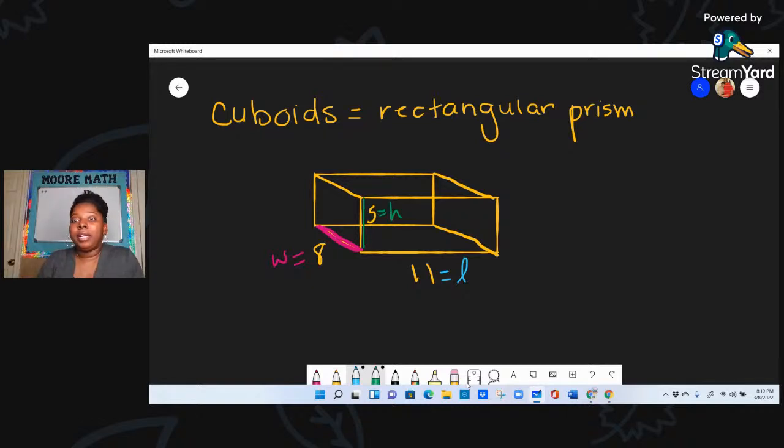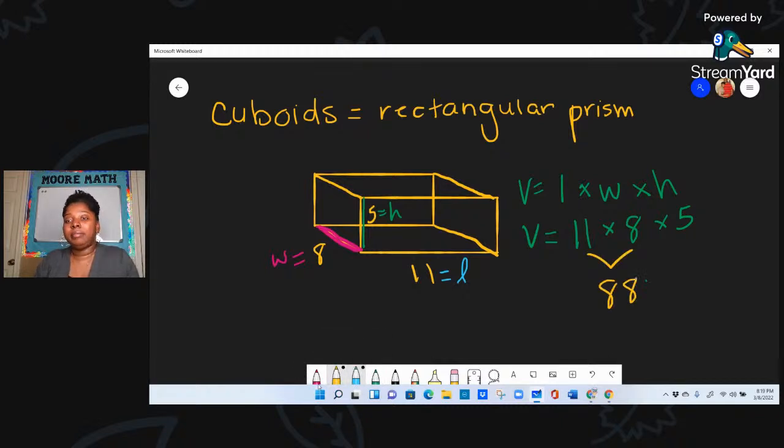Okay, so we're going to do length times width times height, and that is our volume. So we're just going to plug it in again, right? Length is 11 times 8 times 5. All right? 11 times 8 is 88.